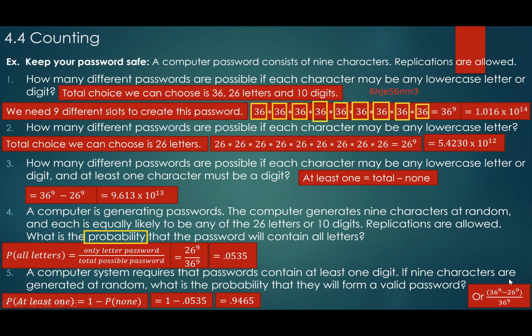Or you can take the result in step 3, divide by the result in step 1, because this is the total number of items that contain at least one digit, over the total.